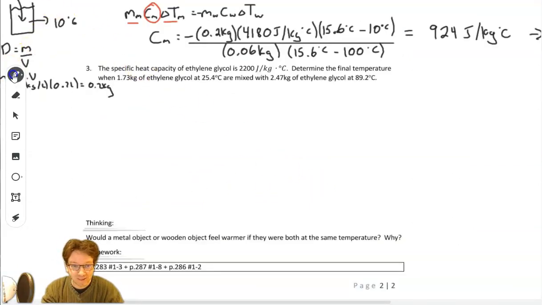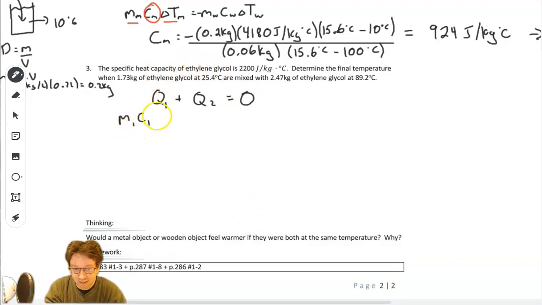So how we're going to do that is, again, since we're mixing something, energy must be conserved. So principle of heat exchange, Q1, or the energy that one gains plus the energy that one loses, must balance. So I'll write M1, so our first ethylene glycol, C1 delta T1 plus the mass of the second one.